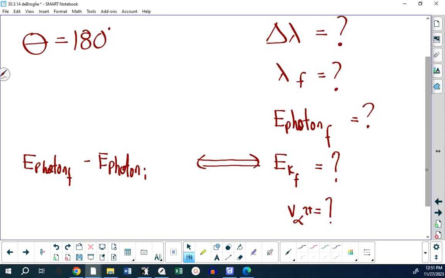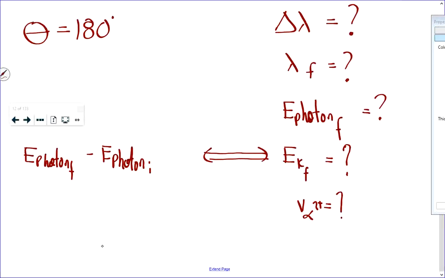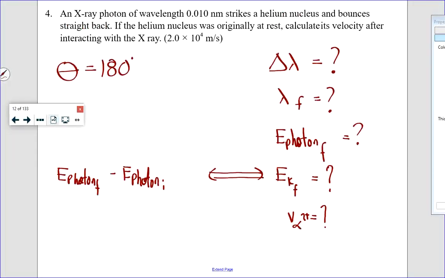So here's what we have to do. We need to calculate the wavelength shift using this formula.